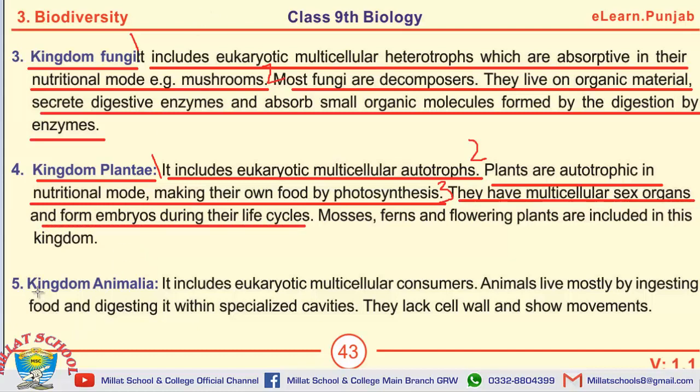The last kingdom is kingdom Animalia. Define kingdom Animalia or write characteristics of kingdom Animalia. The first characteristic is the definition of the topic. It includes eukaryotic multicellular consumers.